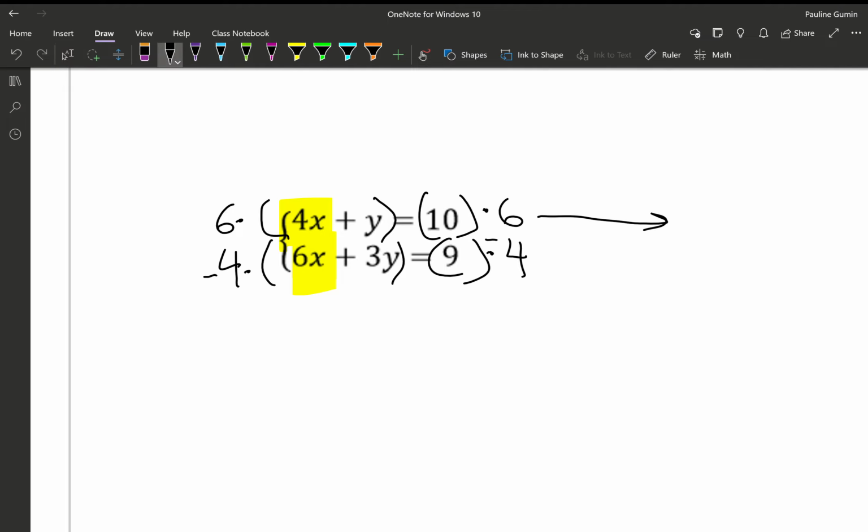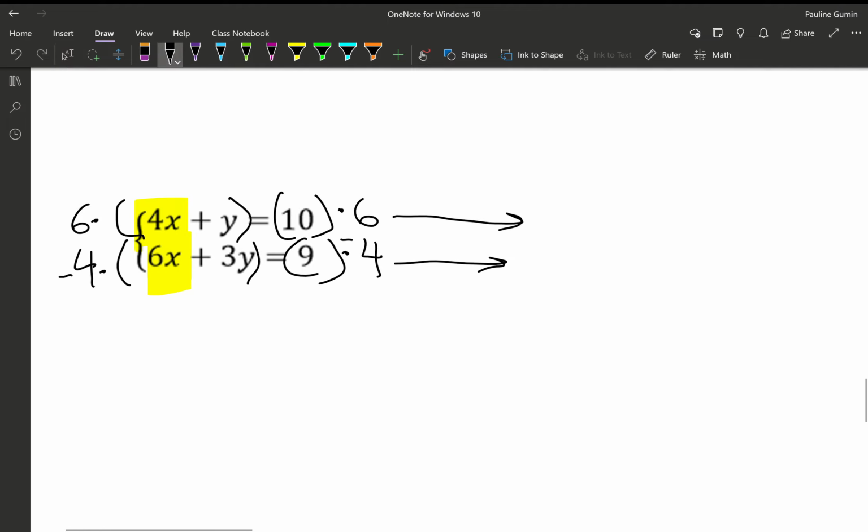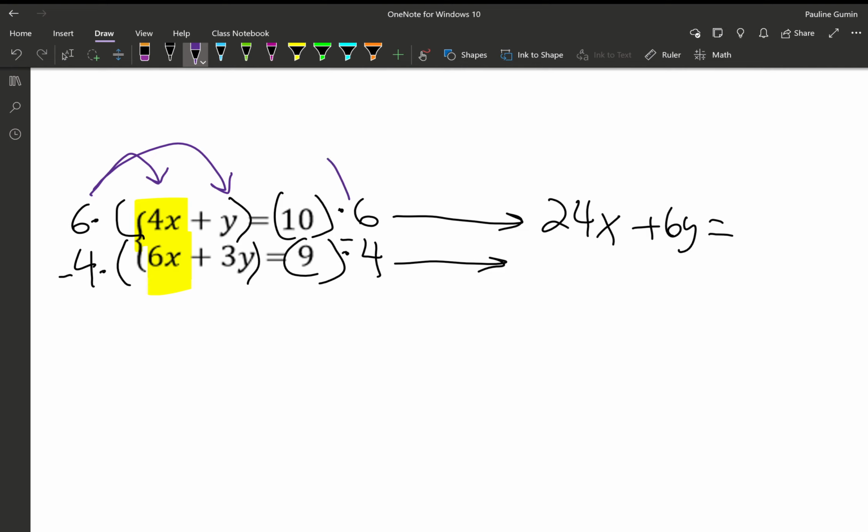So both of these are changing now. Okay. 6 times 4x is 24x. 6 times y, or 1y, is 6y. 6 times 10 is 60. Negative 4 times 6 is negative 24x.